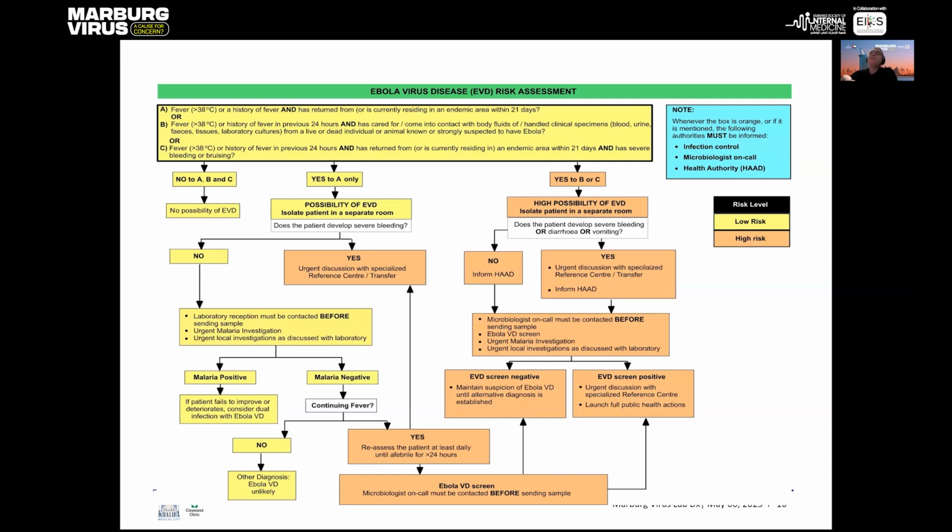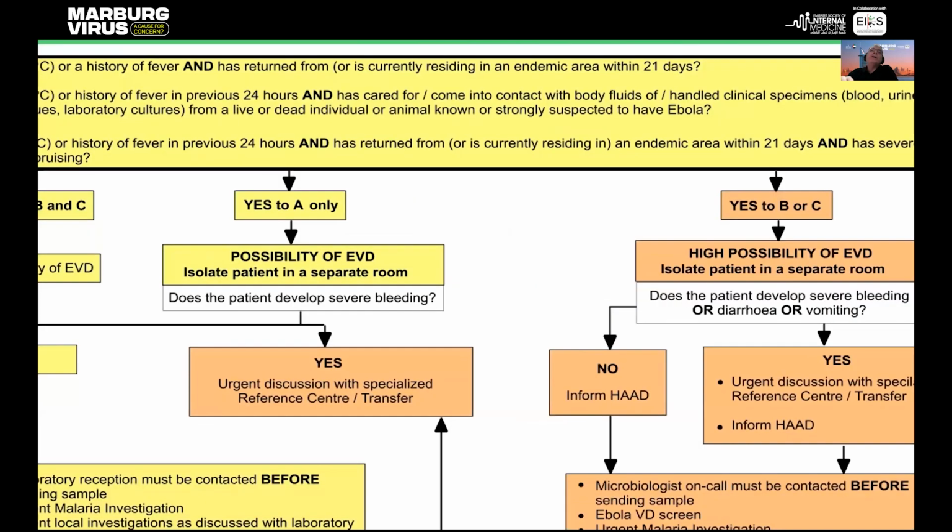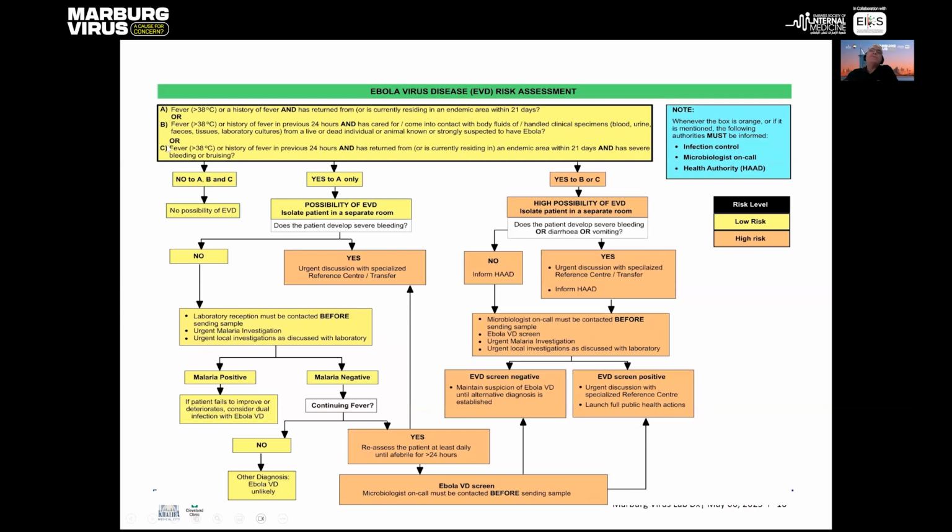It's also very important at an early stage to contact the people in the hospital who deal with infection control, the microbiologists on call, and the involved health authorities. What you also can see, and I tried to make my screen a little bigger, is that you have these three basic questions, A, B, C, and that was also mentioned previously, but I want to emphasize that.